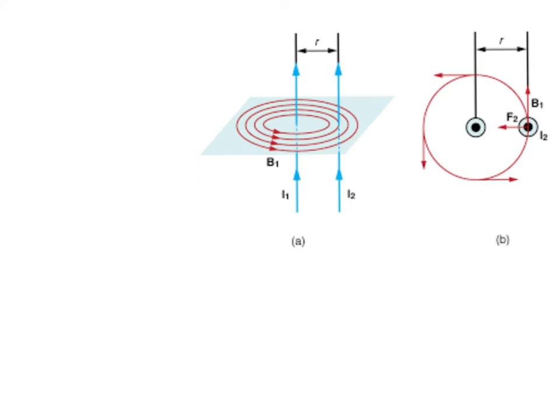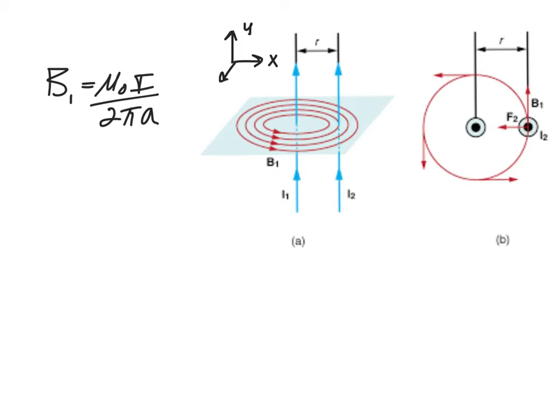Number 9 takes us back to this figure. And the first thing we want to find is B1. So B1 is going to be mu naught I over 2 pi A. And it asks for the direction, but notice that the direction is using this set of coordinates, x for figure A, y, and z out of the page.